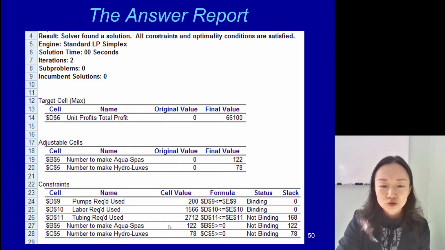And for these two constraints, the non-negativity constraints, because what we said is x1 greater than or equal to 0. So when x1 is solved, it equals 122. So the difference between the left-hand side and the right-hand side, which is 0, is 122. Same as this next non-negativity constraint.